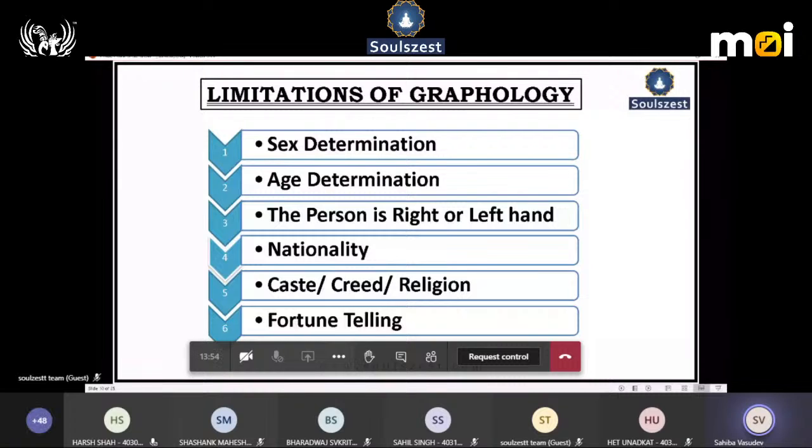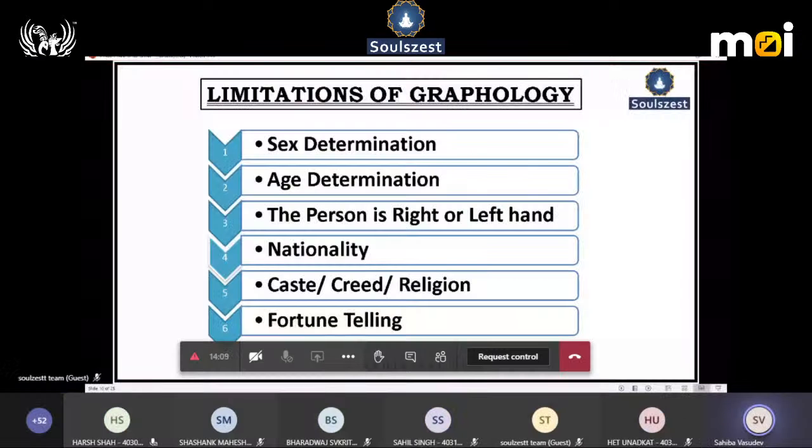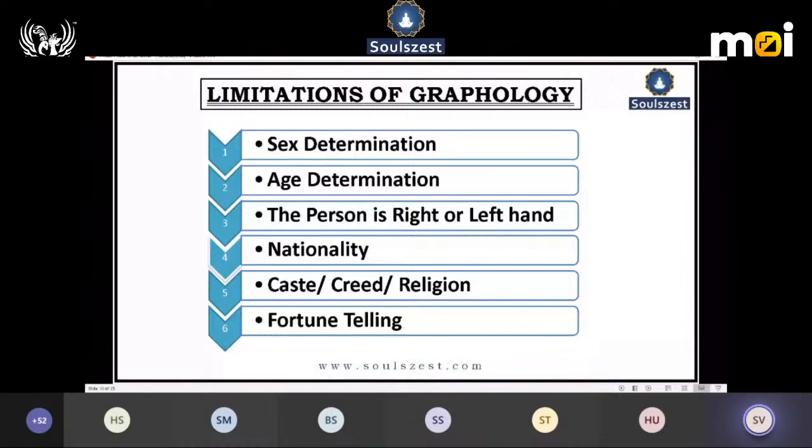So age determination is difficult: a 14-year-old child can be as mature as a 40-year-old person, and a 40-year-old person can be as immature as a 14-year-old. Because of the experiences that you have gone through from 0 to 14 years, it becomes difficult for us to determine the age.